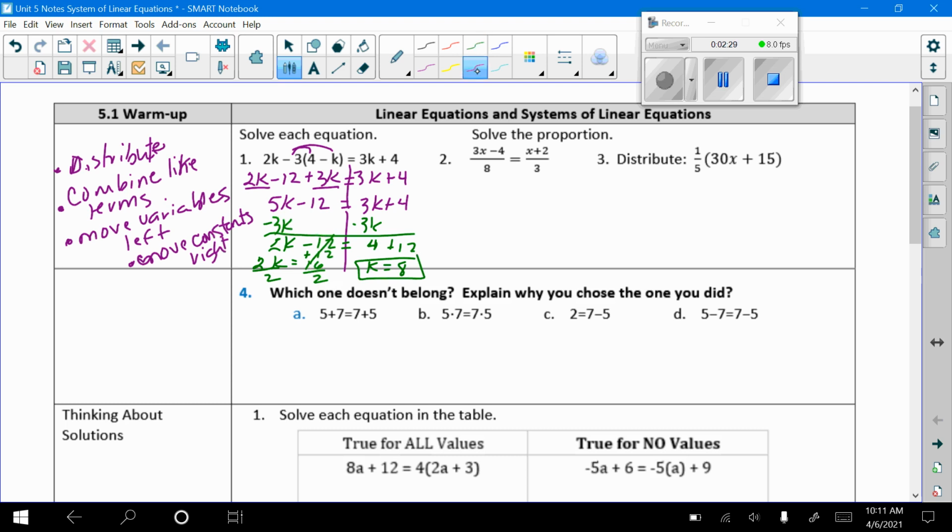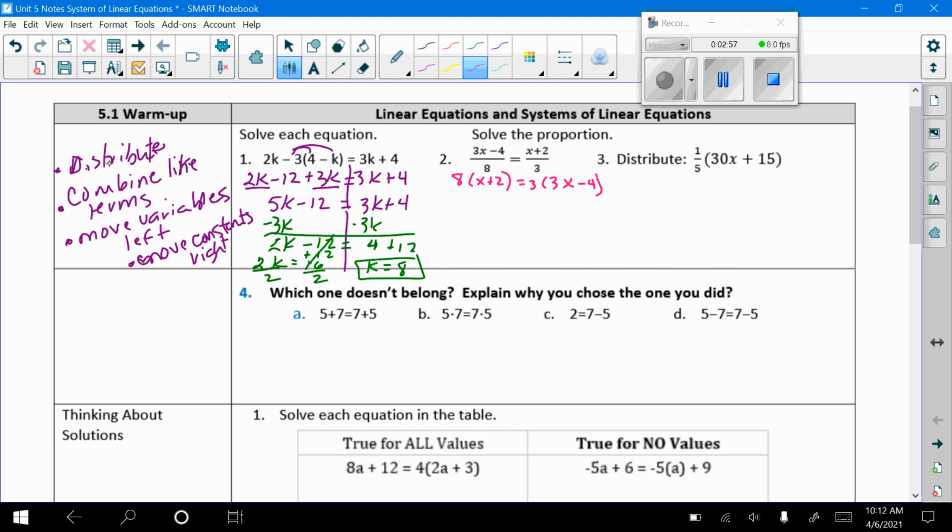Number 2. This one has a proportion because I have two fractions that equal each other. So that's going to be a proportion. And we're going to use cross products, or equivalents. We're going to multiply crosswise. I'm going to say 8 times x plus 2 is going to equal 3 times 3x minus 4. So cross products are equal.